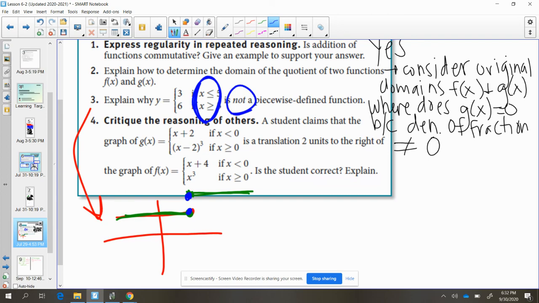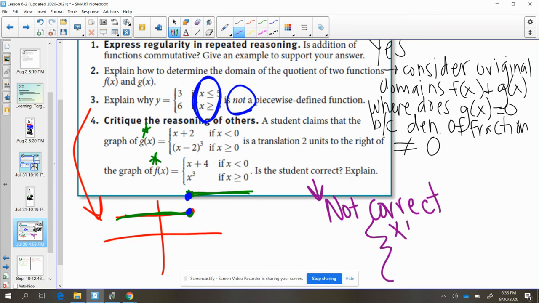And then last but not least, a student says that here's the original function, and then g of x is its translation 2 units to the right, aka x minus 2. Think about it shifting over. So I agree. If this is my original function and I'm shifting it to the right 2, this algebra here looks good. The student, however, is not correct. And the reason being, not this first part here.